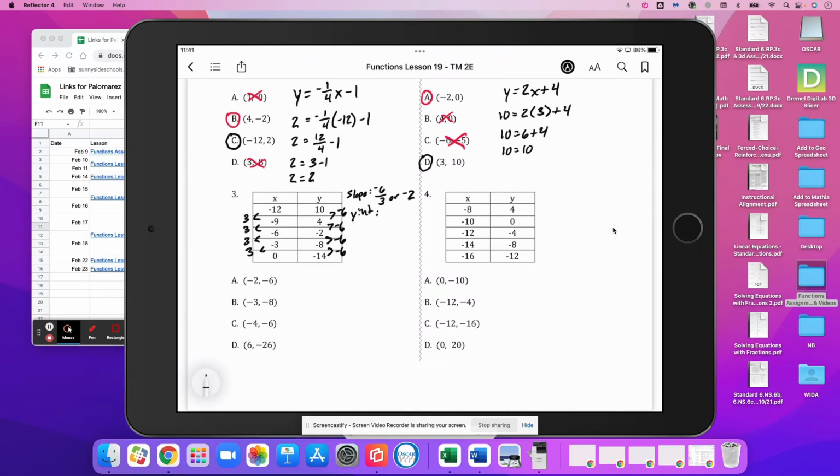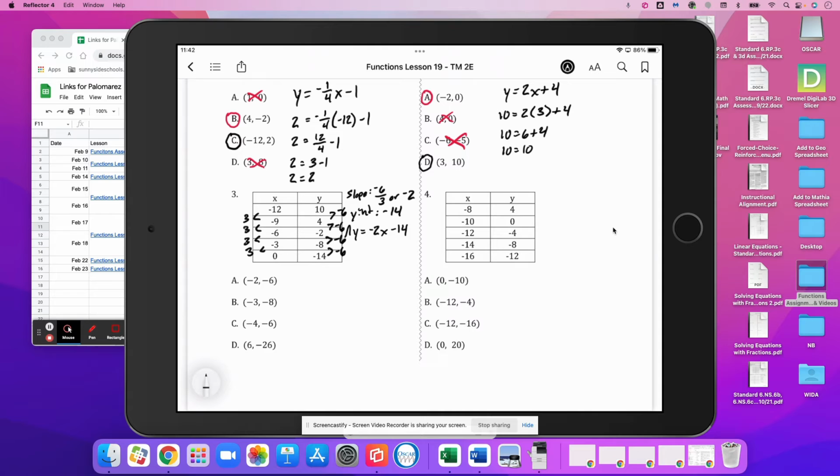And our y-intercept, it looks like, is negative 14. We can see that from the last row of the table there. So as we have done on the previous worksheet, and I hope I don't run out of room here, what we've got is y equals negative 2x minus 14.